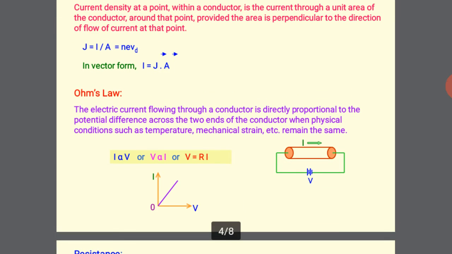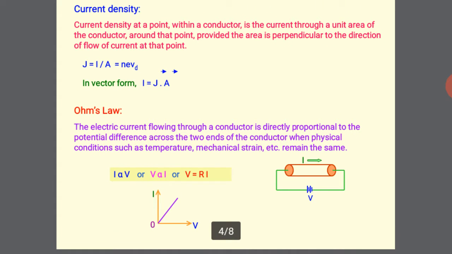Now coming to the next, that is Ohm's law. Ohm's law tells us a relation between the potential and the current, and it states that the electric current flowing through a conductor is directly proportional to the potential difference across the two ends of the conductor when physical conditions such as temperature, mechanical strain, etc. remain the same.